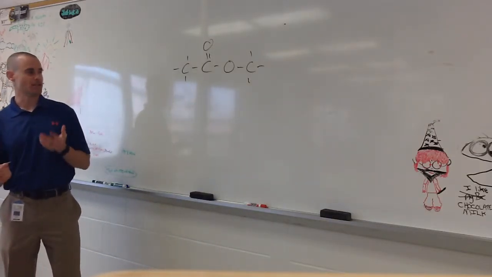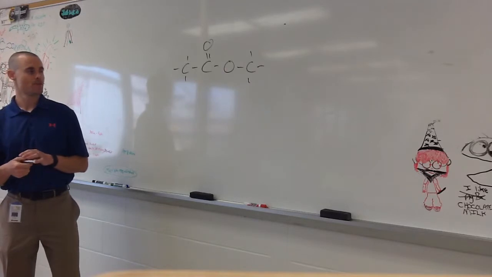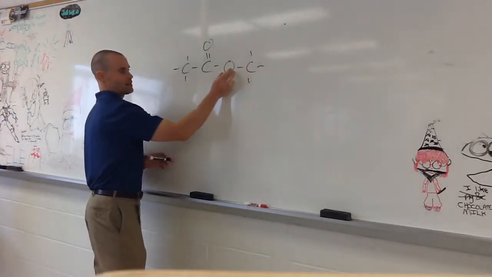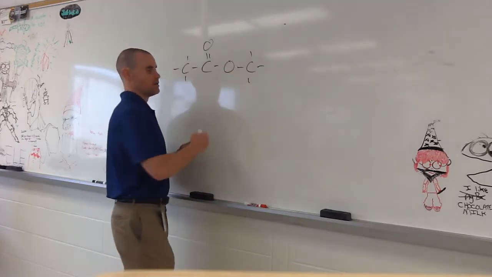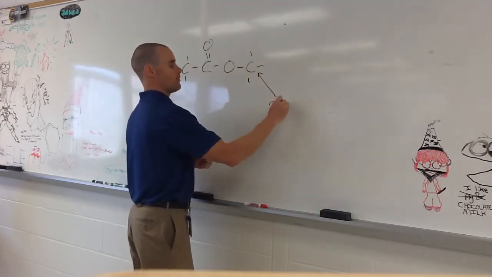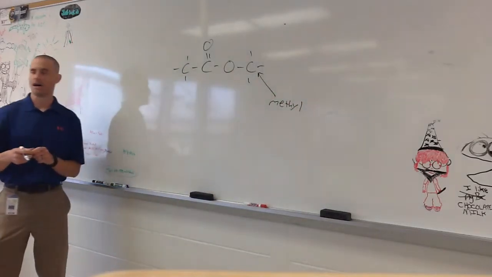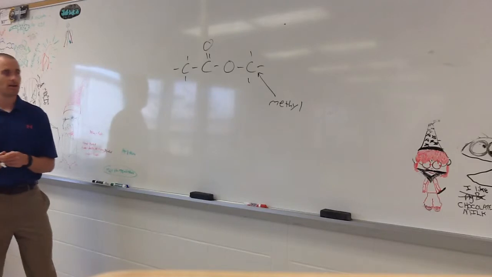So we know it's an ester because it's C double bond O. The carbon that's attached to the oxygen is the YL. So there's our methyl. The carbon attached to the oxygen is the substituent.